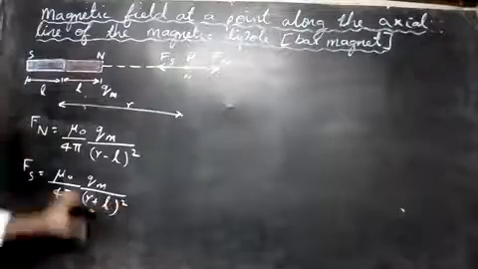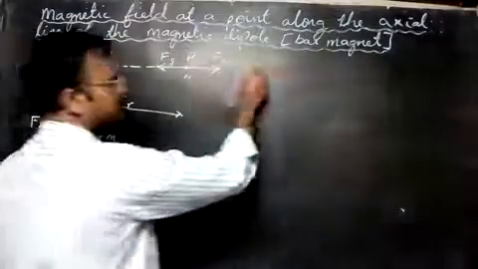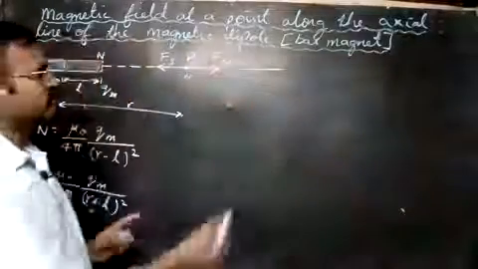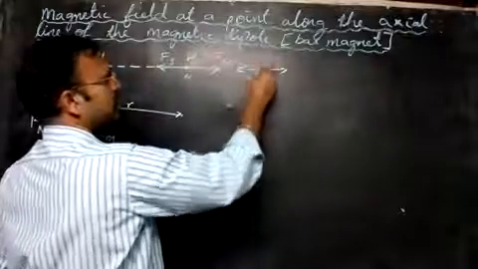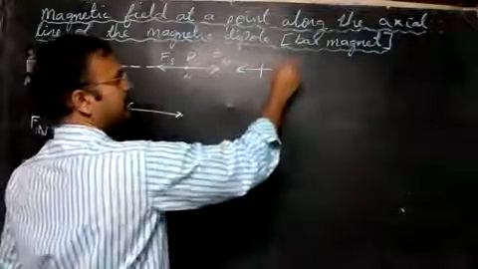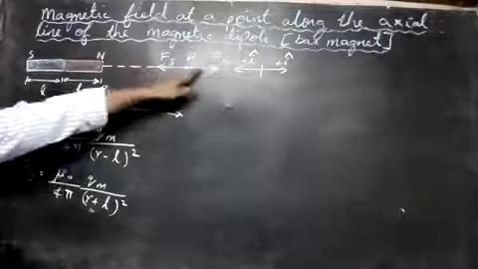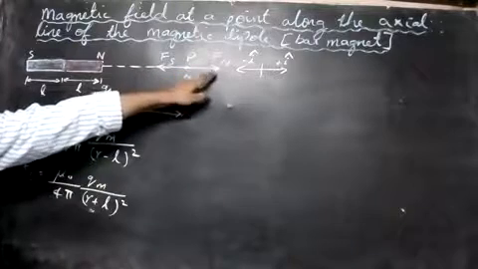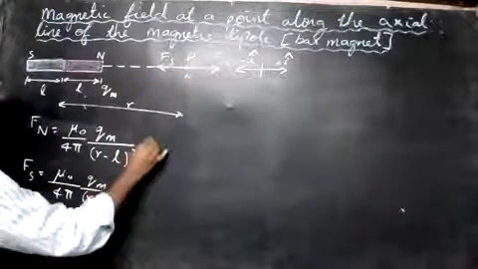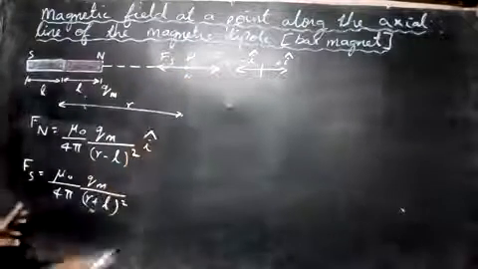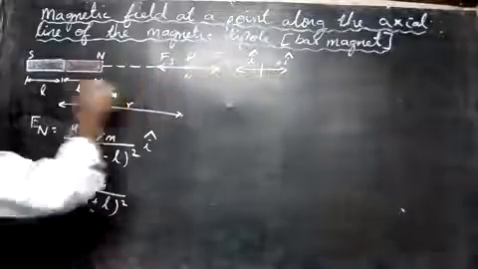But one thing we have not written till now is that force is a vector quantity. We didn't use vectors here. Let me write it as a vector. If you take the axis here, this will be plus i cap, and this will be minus i cap. The force due to the north pole is going to the right side, so I write plus i cap. The force due to the south pole goes to the left side, that's minus i cap.